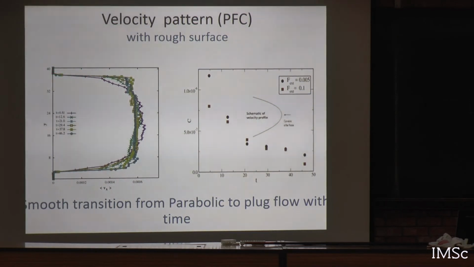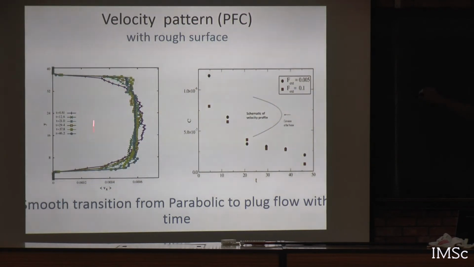Now, we have varied the roughness in some way, although we did not see too much difference in the evolving V field. I won't go into the details of how we created roughness within PFC. We have done the MD for this also. In the MD, a preformed polycrystal was taken, and that has been put here on the two sides, and because it was polycrystal, it was not a smooth surface.